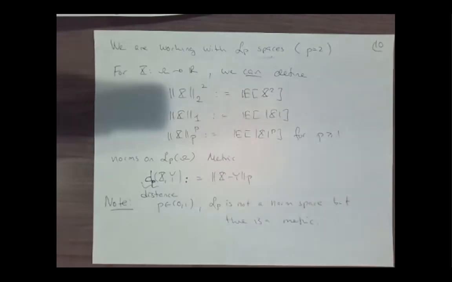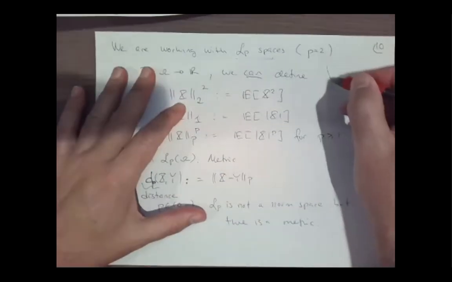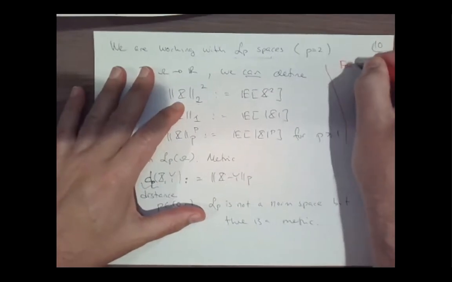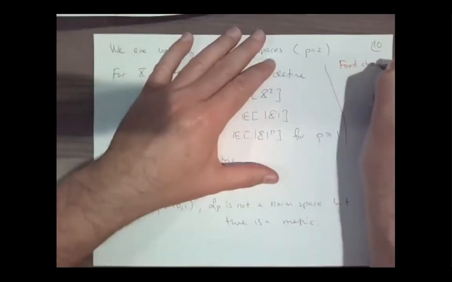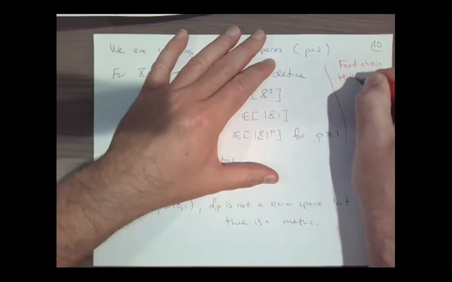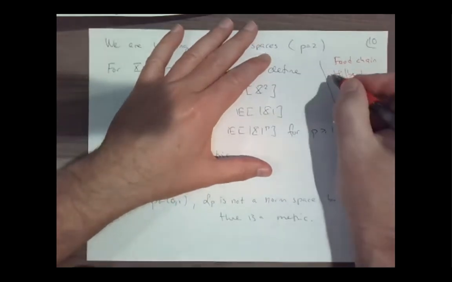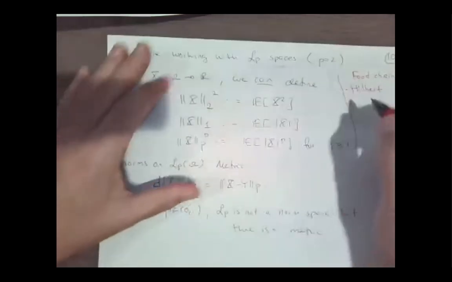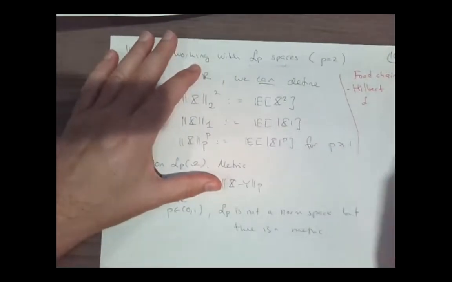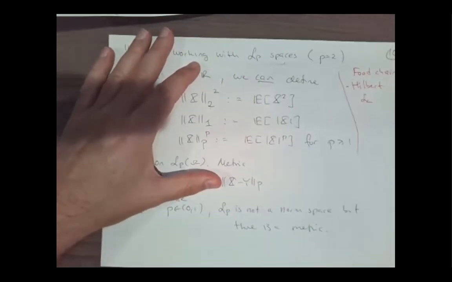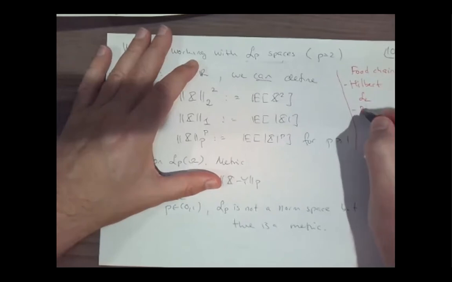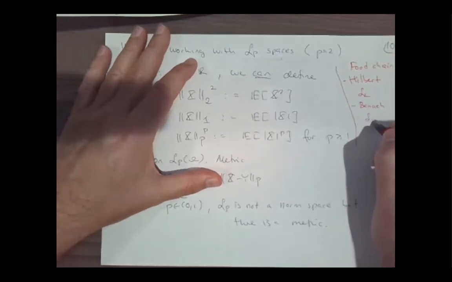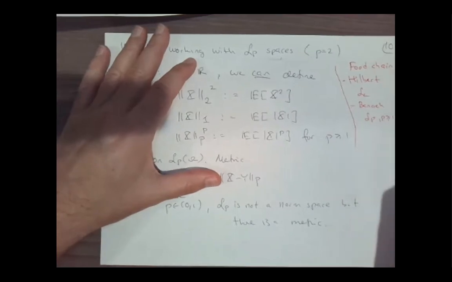There is a food chain here. First, you have a Hilbert space, and that's the L2. Then you move down, and you get a Banach space. So this is your L^p, p bigger than 1.